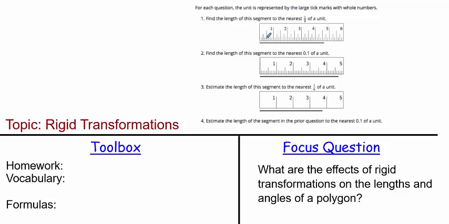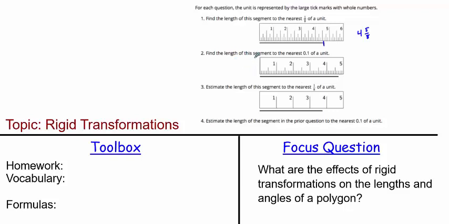So each of these small tick marks represents 1/8 of a unit, and we have 8 of them together to equal one whole unit. So we have 1, 2, 3, 4 whole units. And then we have 1, 2, 3, 4, 5 eighths of a unit.